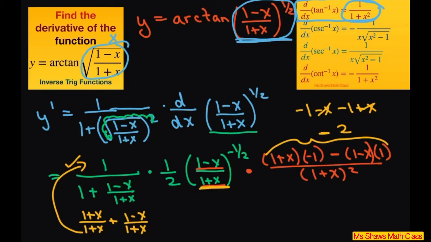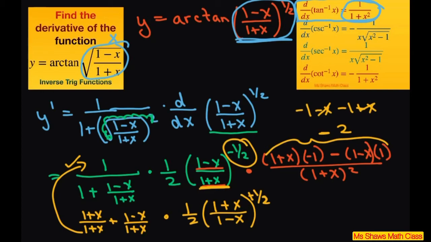Also, this term, I'm going to change to a positive, and I can do that by writing this as 1/2 times (1 plus x) divided by (1 minus x) to the positive 1/2, based on our properties of exponents. If you have a negative, that means you can flip those two around and then make that a positive. So that's what I'm going to do: start the next slide and rewrite all of this.